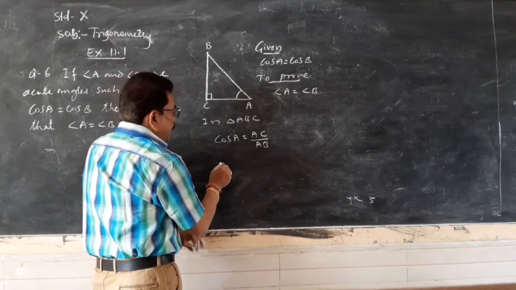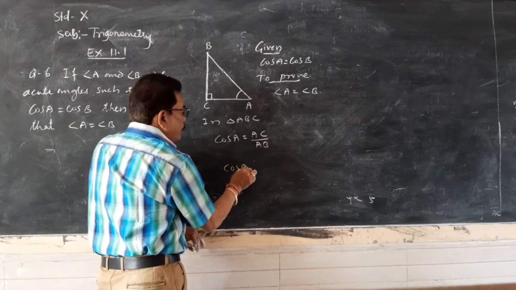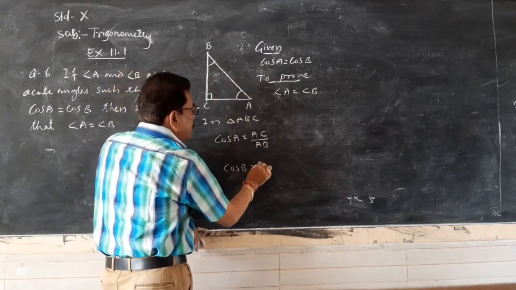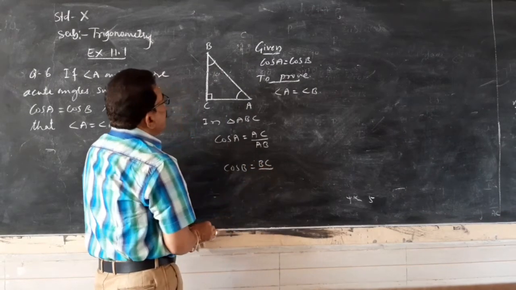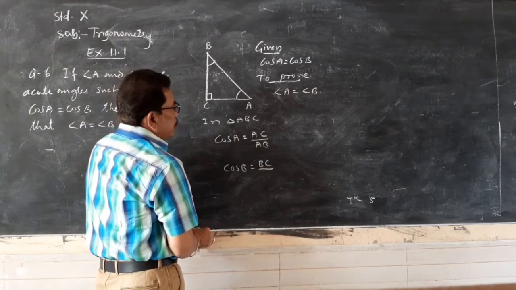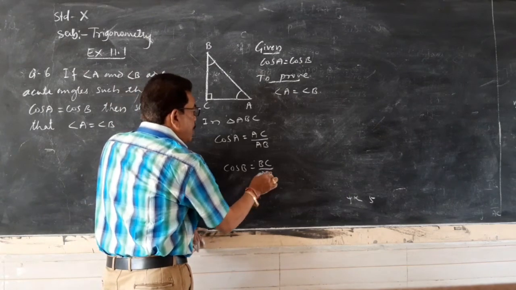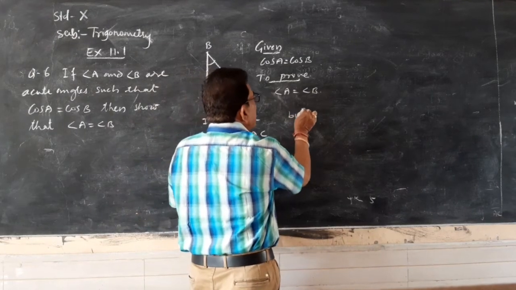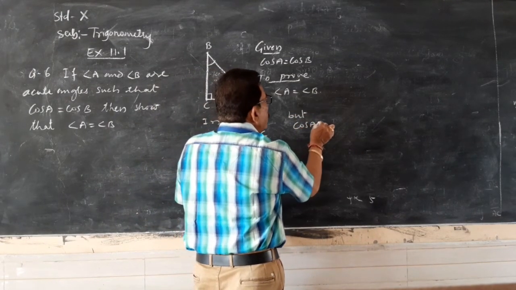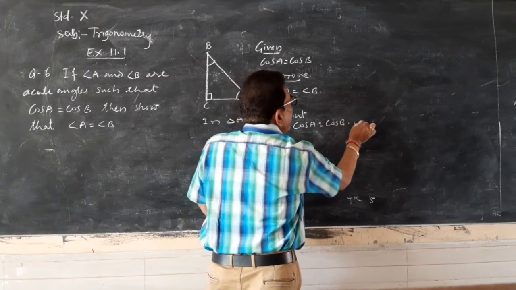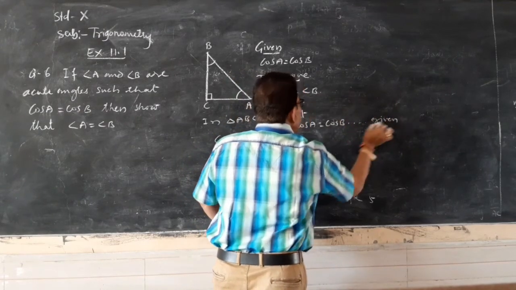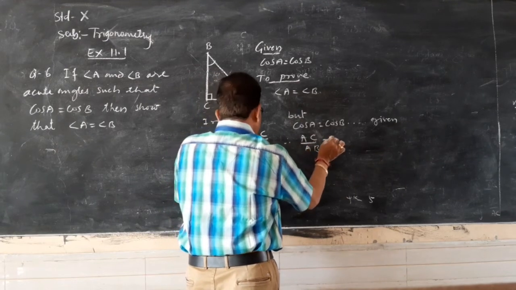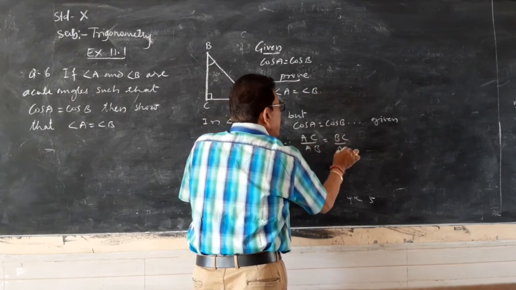Then cos B, adjacent side BC divided by hypotenuse, that is AB. But cos A equals cos B, given. Therefore, AC by AB equals BC by AB.